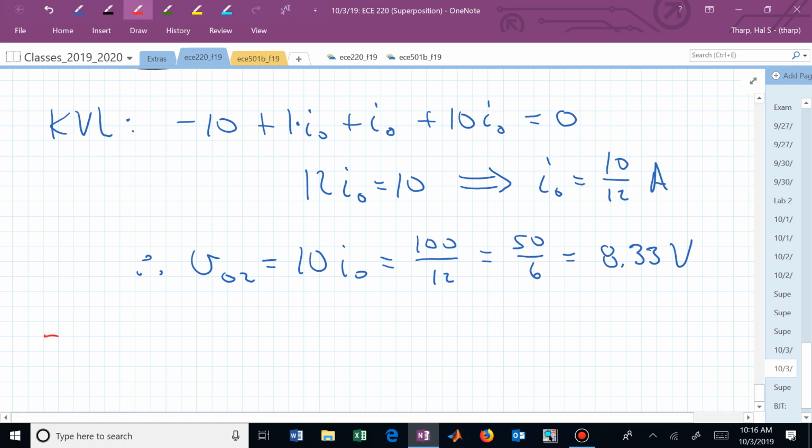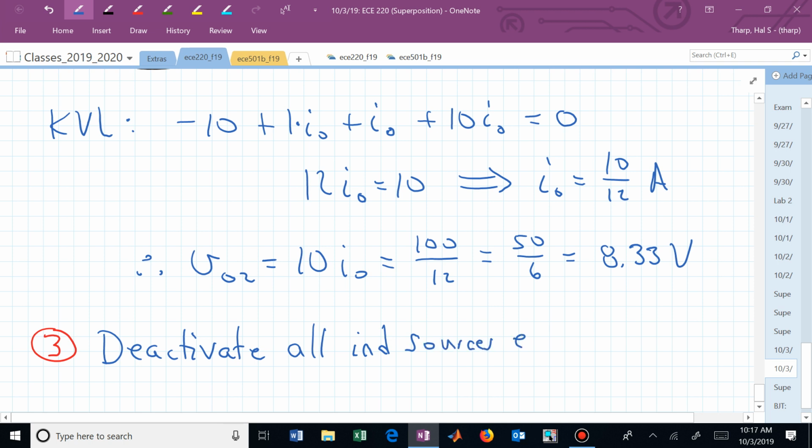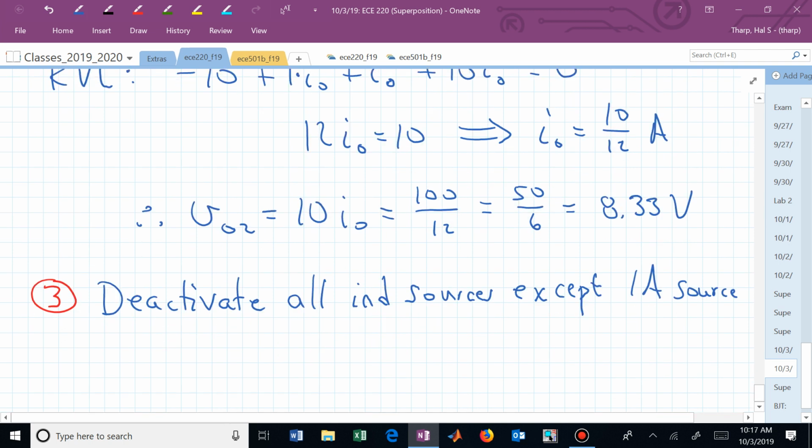One more. Now we want to deactivate all of the independent sources, except now we're going to keep the 1 amp current source.